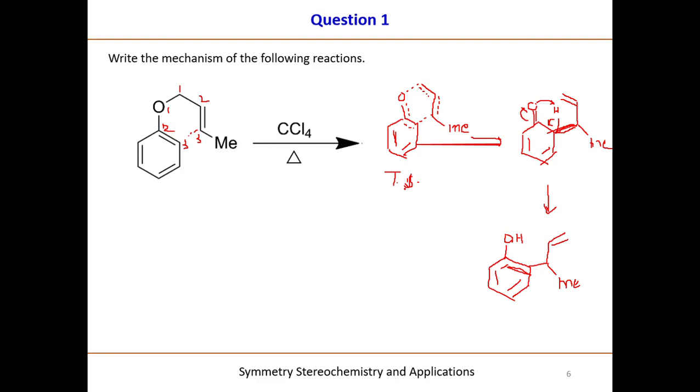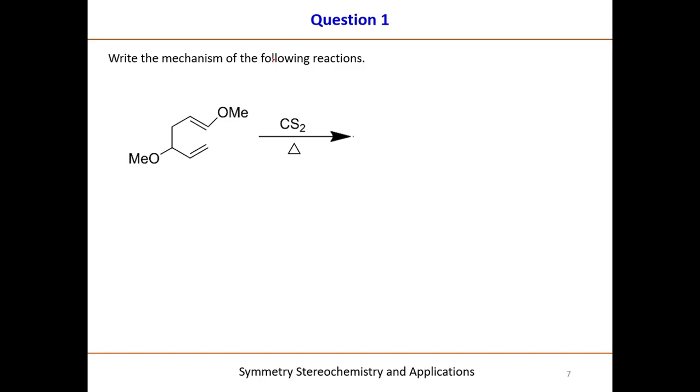So this is called the Claisen rearrangement reaction. I hope all of you are clear here. So we will move to the next question. Which type of rearrangement reaction is this?